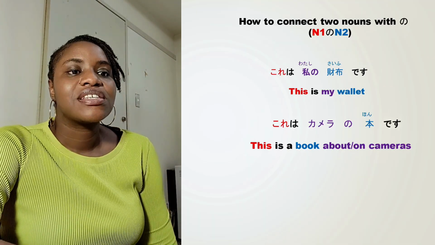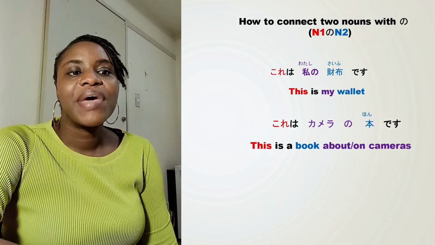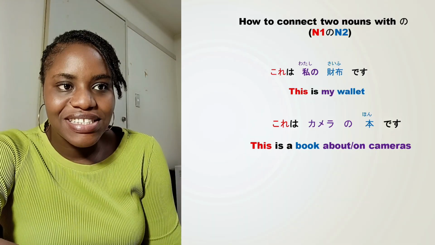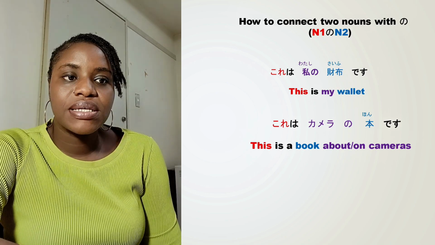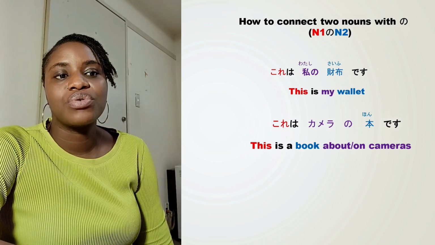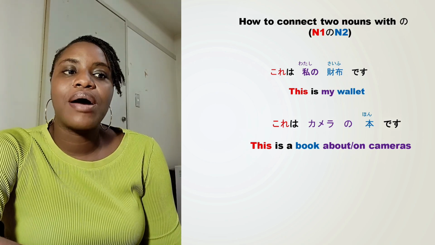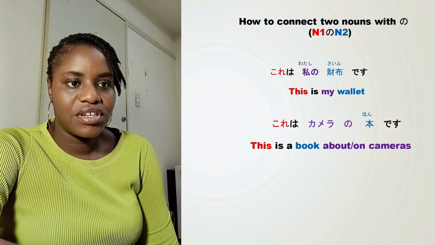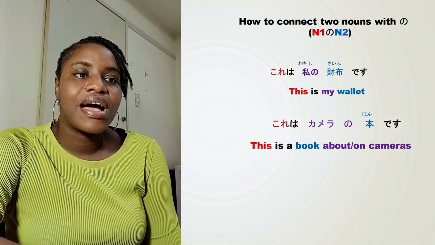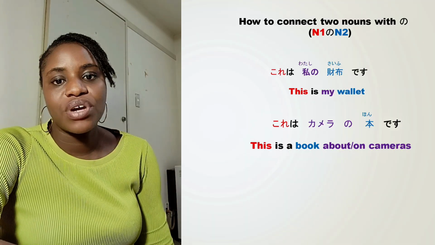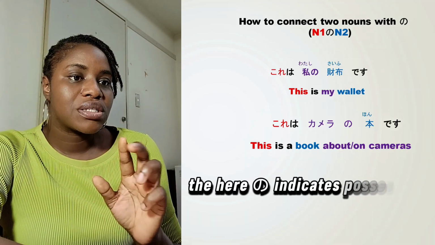The next one is これはカメラの本です。Now, camera is a noun. Hon is also a noun. So this is a book about cameras. The no here. This is a book about cameras. これはカメラの本です。So this is how you can use no to connect two nouns.